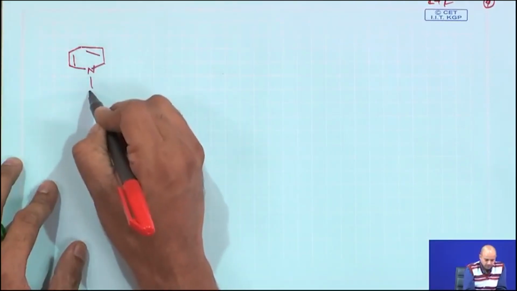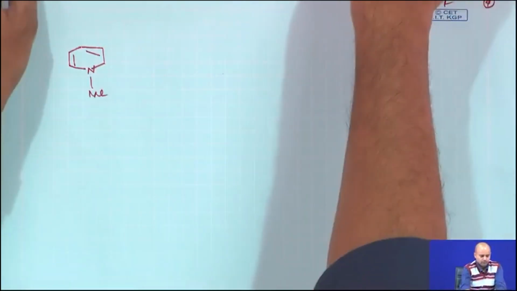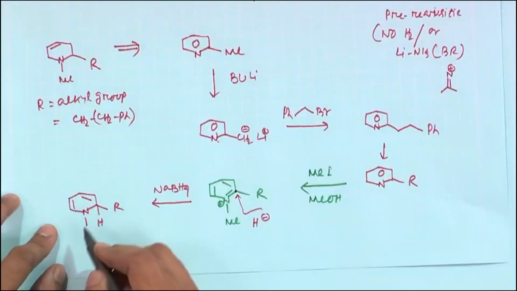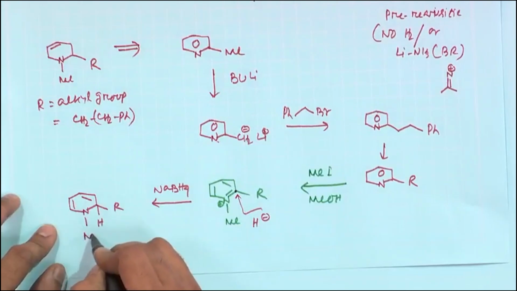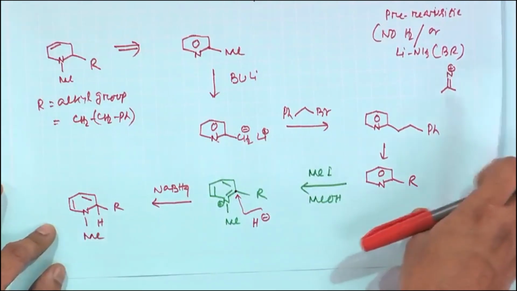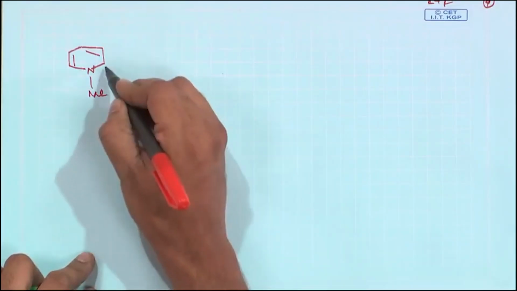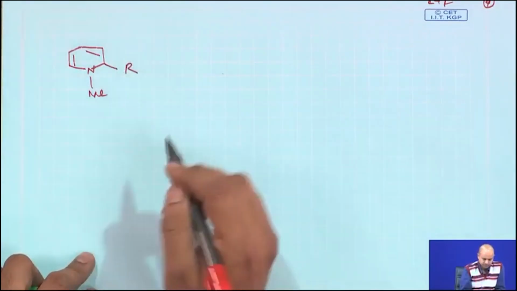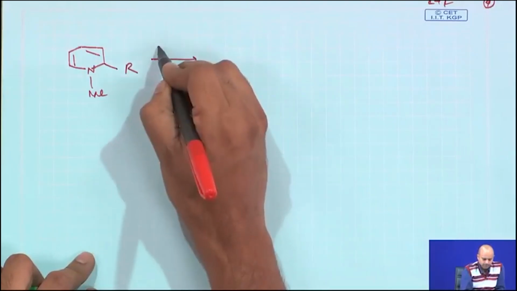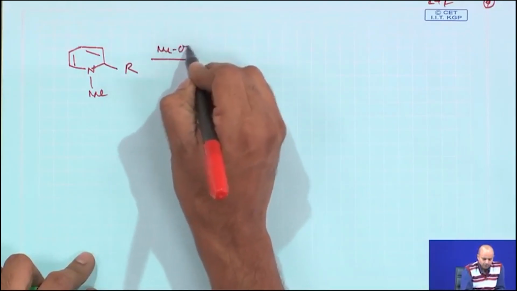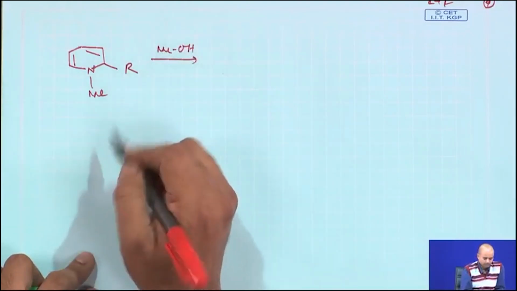now see next how you can do. In the earlier structure, there will be a methyl, there will be a methyl. So, now this quaternary methyl has become a trivalent methyl, your R is here. Now, you have methanol as a solvent which is also a proton source.